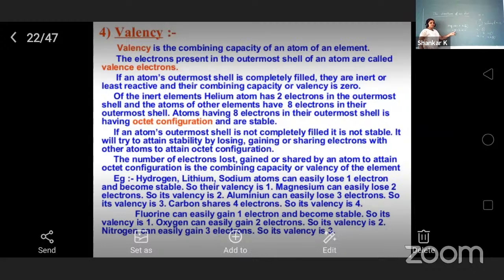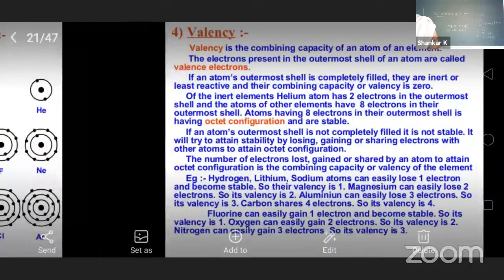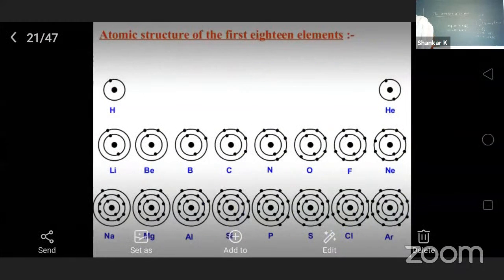Which element has atomic number 15? Let me go to the periodic table. 15, where is that? Fluorine is 9, then 10, 11, 12, 13, 14, 15.